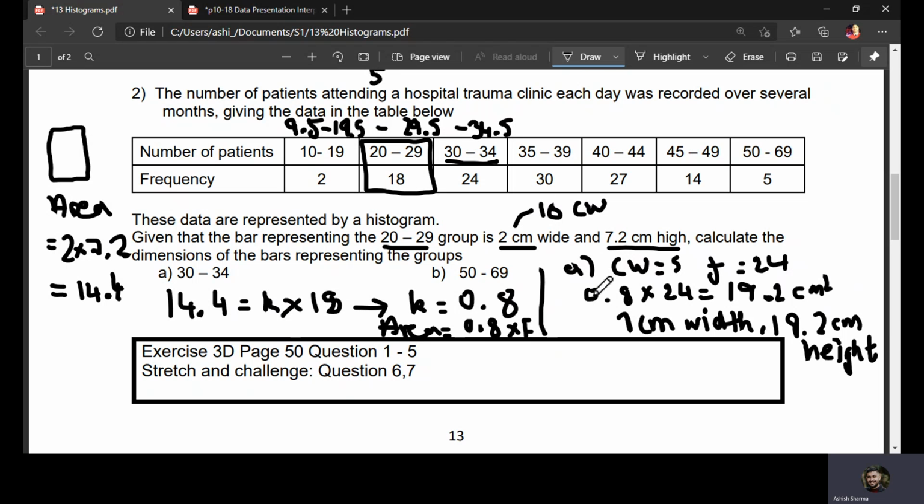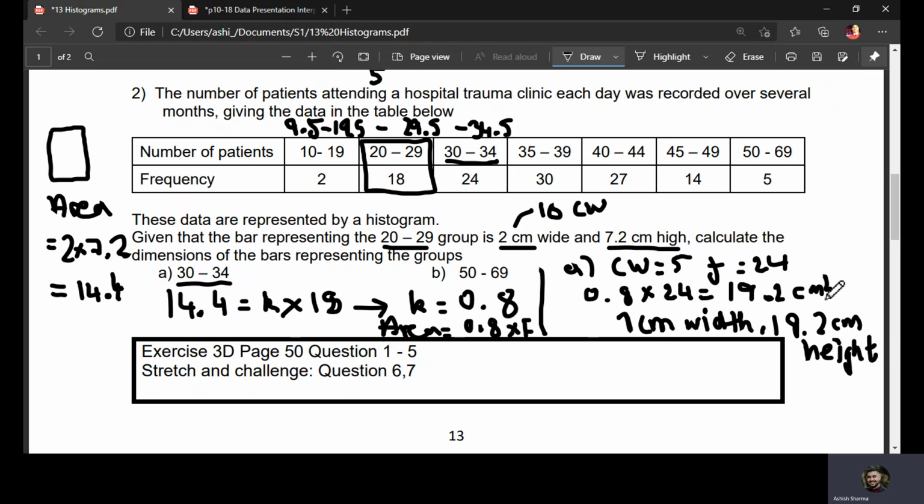So let's just recap that again. In this question, we're trying to find the real dimensions of this 30 to 34 bar. In class width terms, it's actually 5, it's not 4. So class width is 5, frequency is 24, and if I use this formula, the area in centimeters squared should be 0.8 times 24, 19.2 centimeters squared.